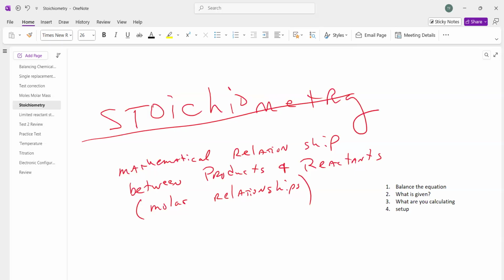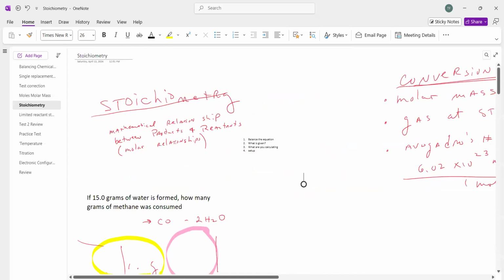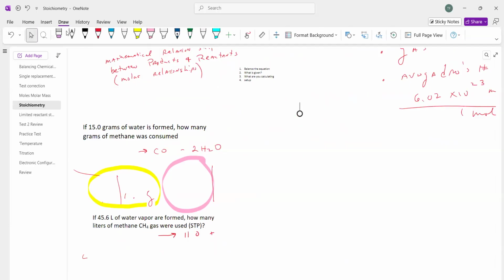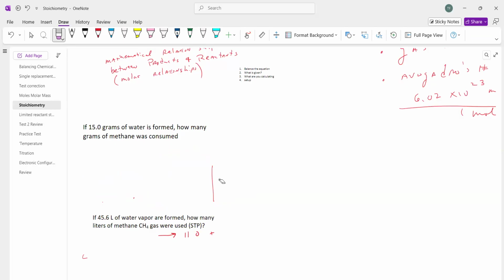Anyway. Okay. All right. So let's look at a typical stoichiometry problem. Up until today, all we've done is conversions on something that's not changed.